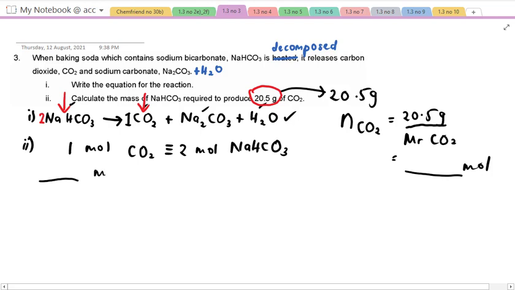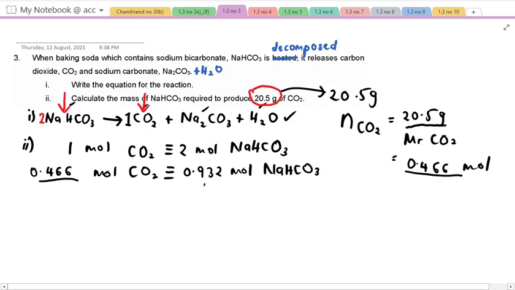So how many mole of CO2 is it? 0.466. So the mole of CO2 is 0.466, from here. Okay, 0.466 mole of CO2 gives 0.932 mole of sodium bicarbonate.